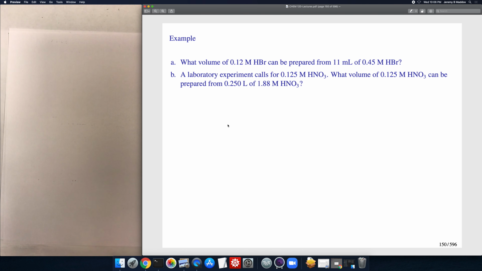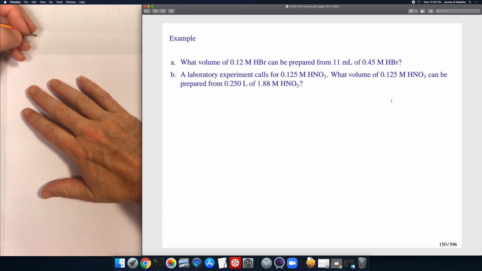Here we have another variation of the dilution problem. Okay? So in this problem, they are asking us for what volume of 0.12 molar hydrobromic acid can be prepared from 11 milliliters of 0.45 molar hydrobromic acid.